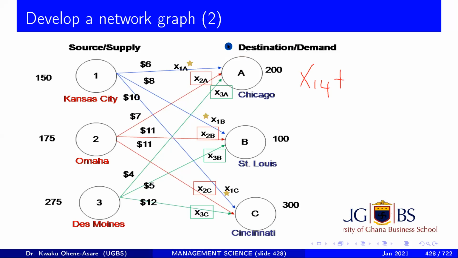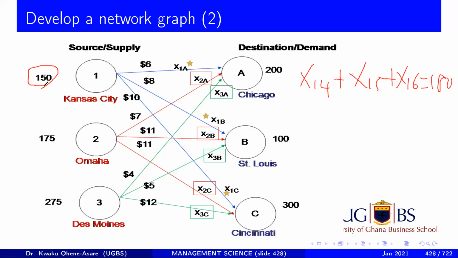So you're going to have X15 and then X16 equal to, then you write a number. The number that is here, which is 150. So equal to 150. And that becomes your first constraint out of the 6 constraints.